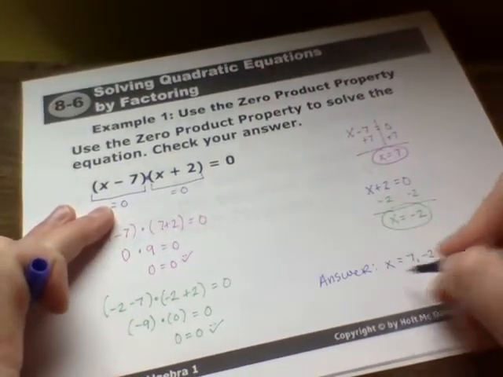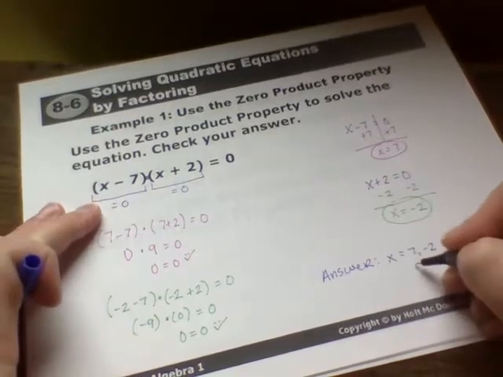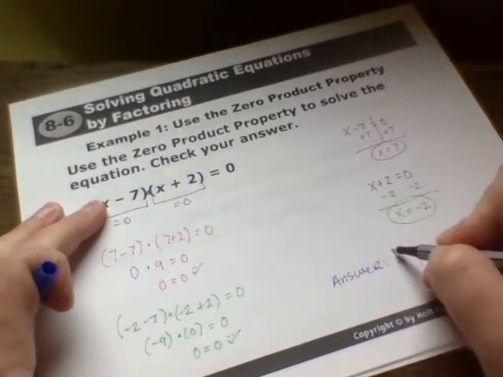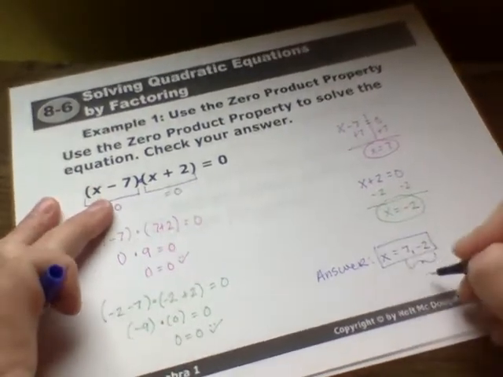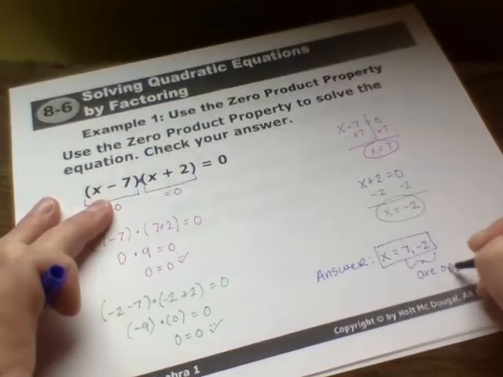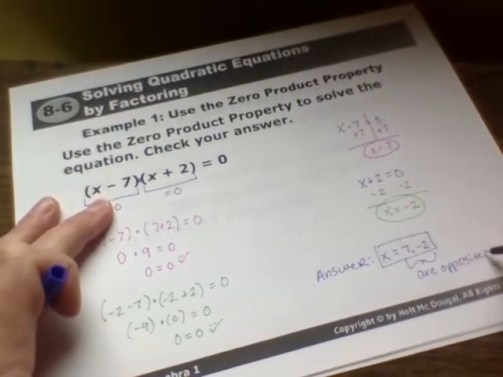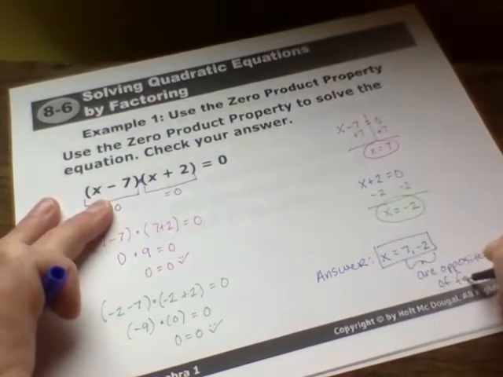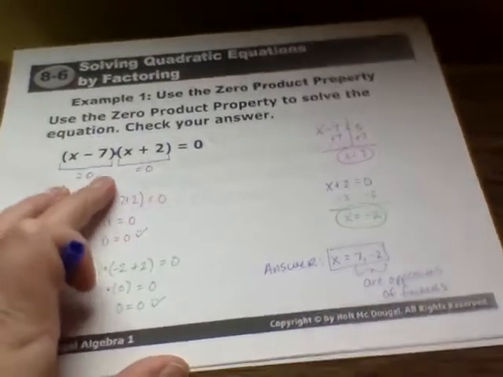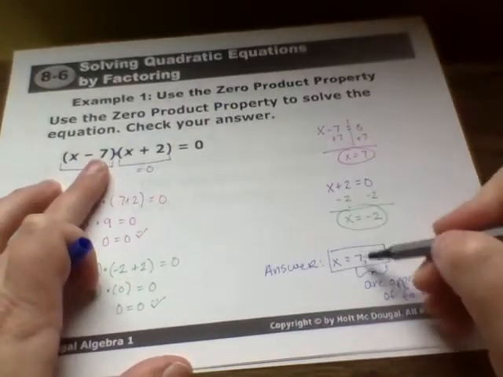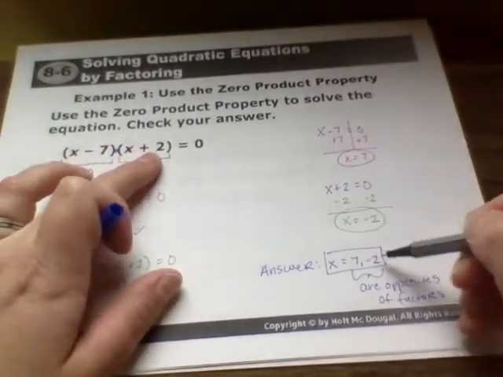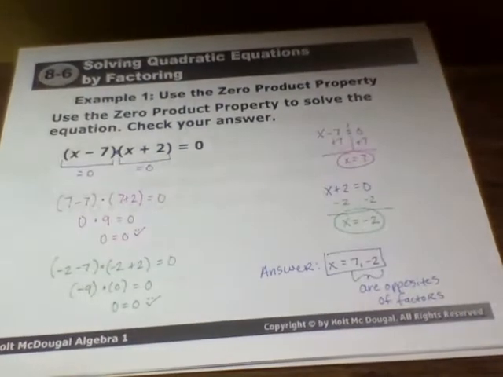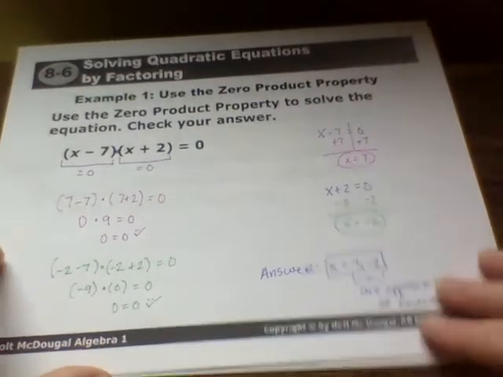The idea is that a quick way of solving it is to take the opposites of the factors. Again, negative 7 was here, but 7 was the answer. Positive 2 is here, but negative 2 was the answer.